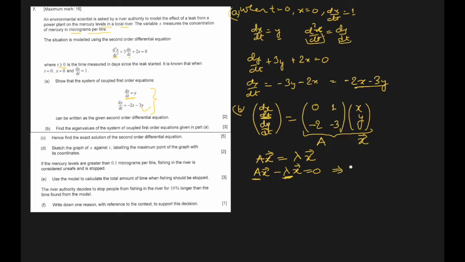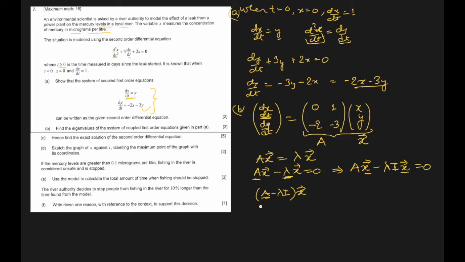So we write Ax minus lambda I x equal to 0. Now we have the eigenvector common, so let's take that common, and we are left with A minus lambda I, and this A is already with us.